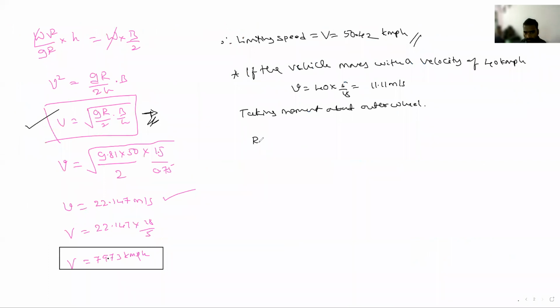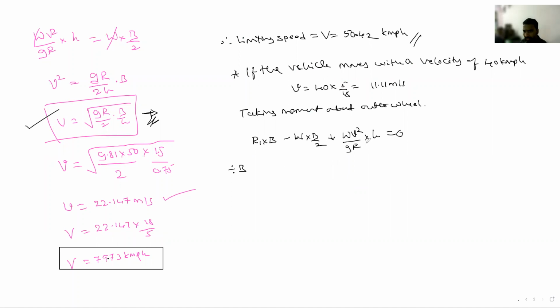So R1 into B, minus W into B by 2. Correct? Then plus centrifugal force W V square by G R into H. So this is equal to 0. So what I will do, I will divide it by B throughout, left side and right side.